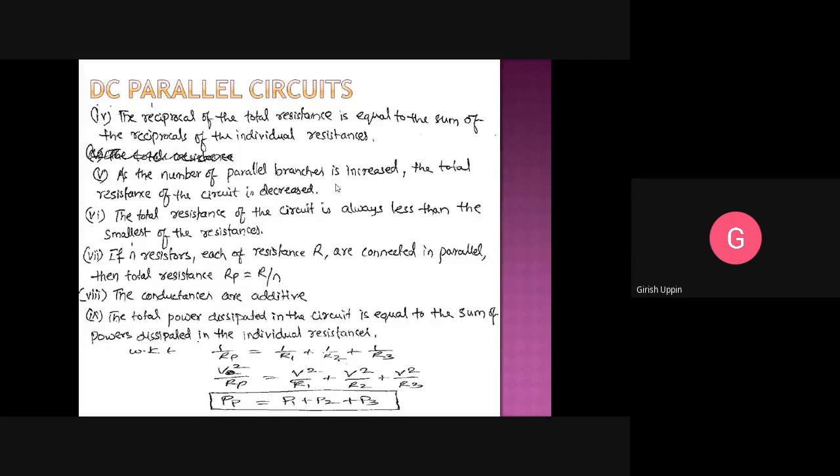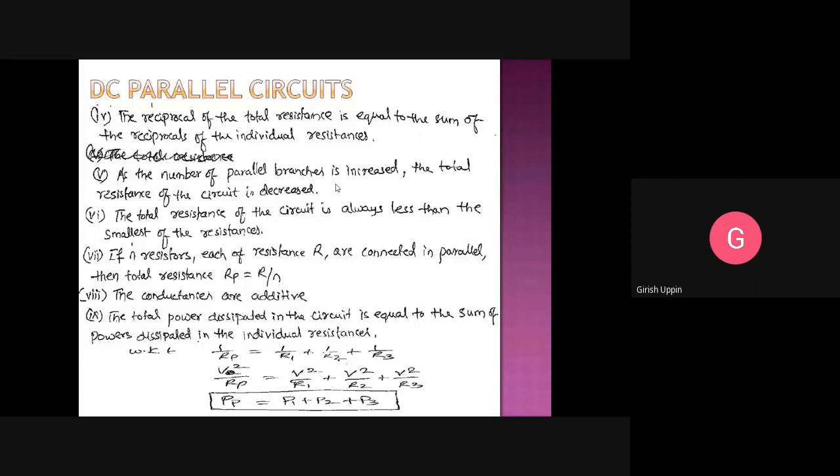Let me add one more branch, a fourth branch of 1 ohm. Now I have 1 ohm, 1 ohm, 1 ohm, 1 ohm connected in parallel. What would be the equivalent resistance? 1 by Rp is equal to 1 by 1 plus 1 by 1 plus 1 by 1 plus 1 by 1.